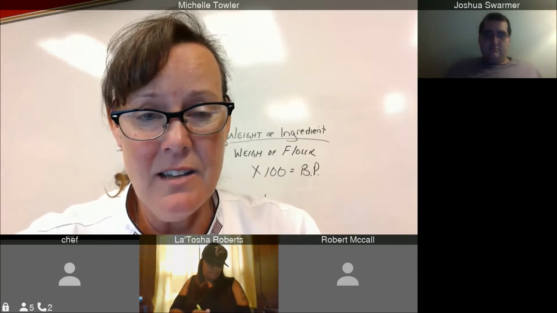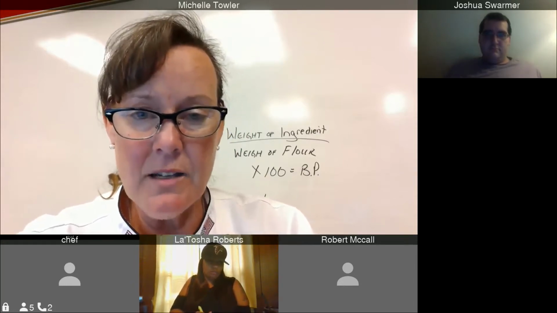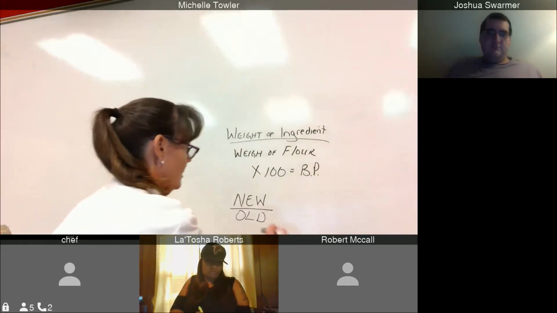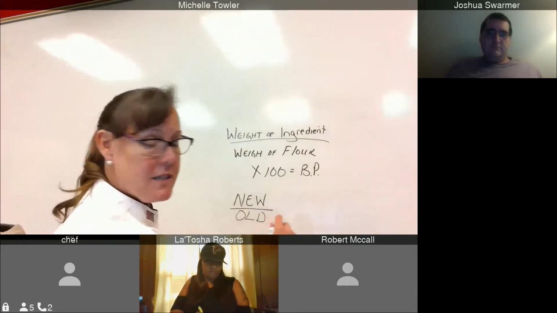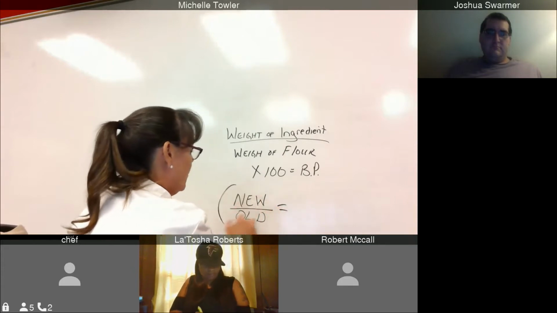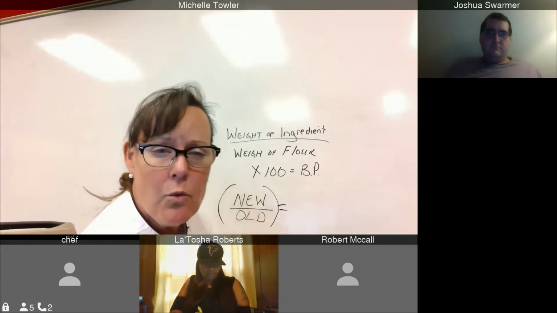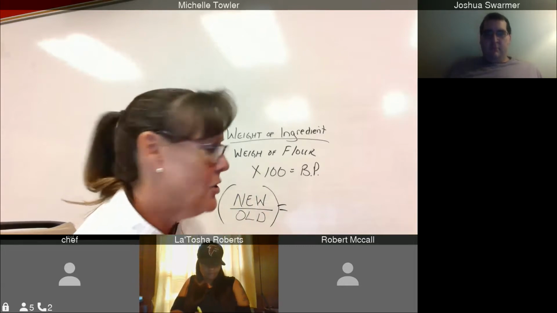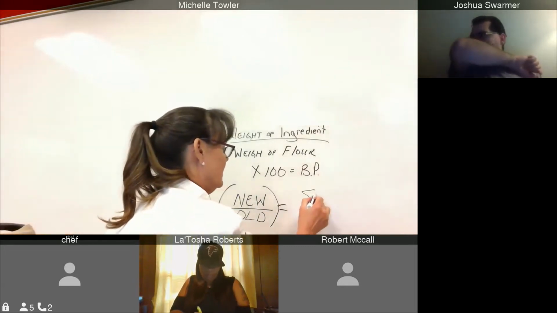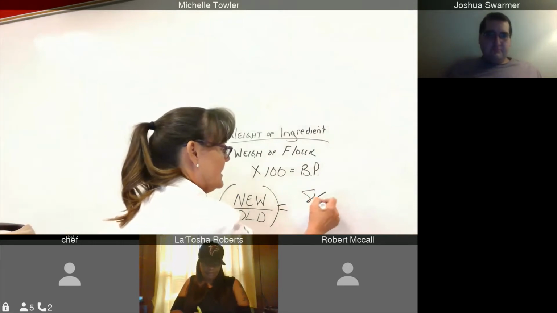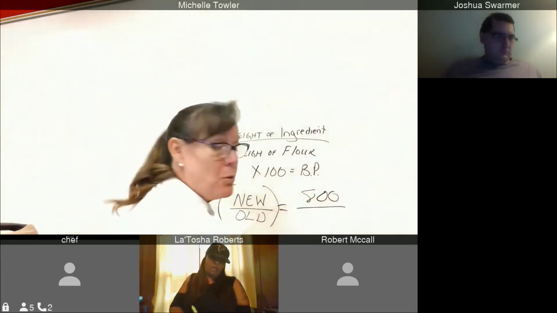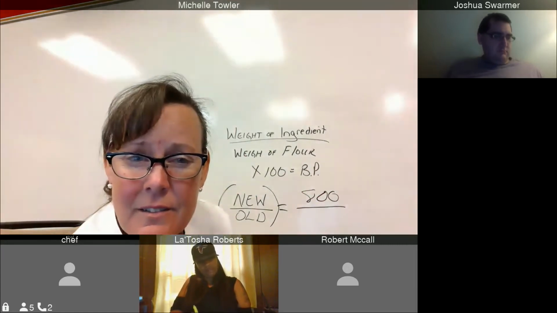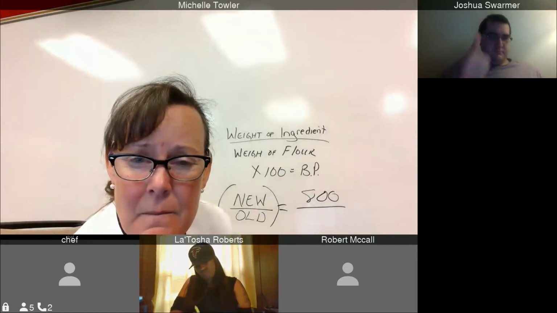All right, so that's going to be a little bit different, right? We're going to use this same formula right here, new over old, right? So the new, we only have 800 grams of sugar. That's all we have. But the recipe called for 1,000, correct? Y'all with me?